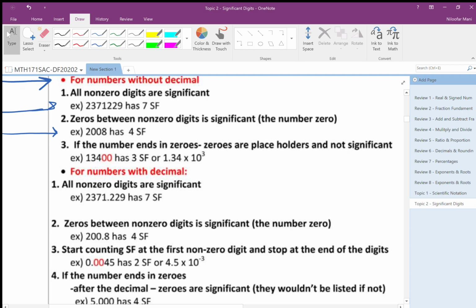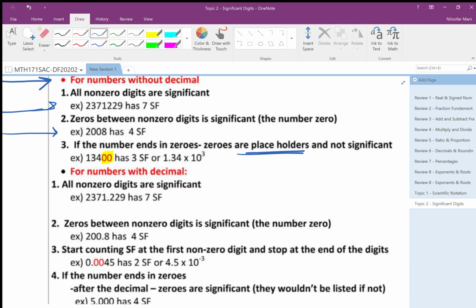They are just placeholders. They are not significant. So if you change your number to scientific notation and you don't see those digits, they are not significant. You don't need to count them. So here I count them all in one. I count them all in two. I don't count this.